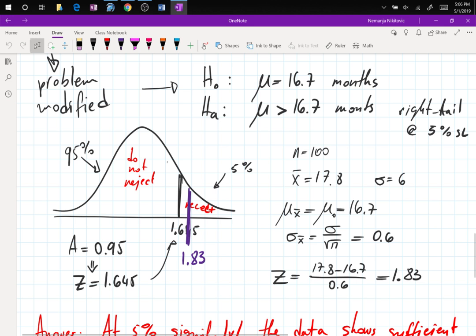And just being more specific, the entire 5% was here. So the 2.5% cutoff point is there, and the 5% cutoff point is here. So as you can see, this test statistic gets to be on either side depending on what you're claiming. So if you have good, large, solid data, you can make these claims with larger than or smaller than, and in that case it's a little bit easier to get rejection.